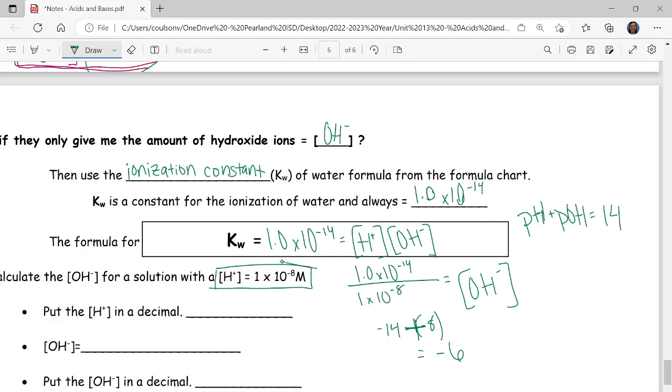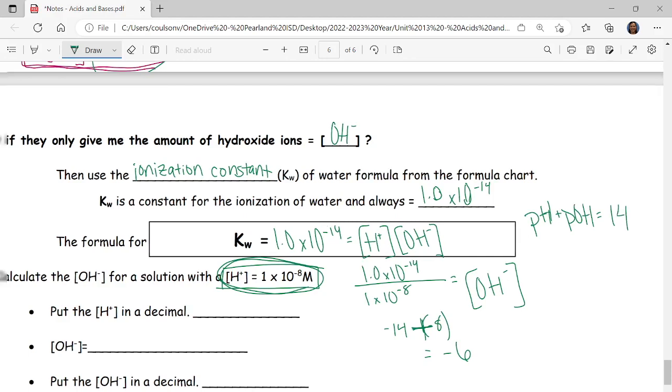So if this is my hydrogen ion concentration, what is my pH? My pH would be 8, which means that my pOH would be 6. Okay, there we go.